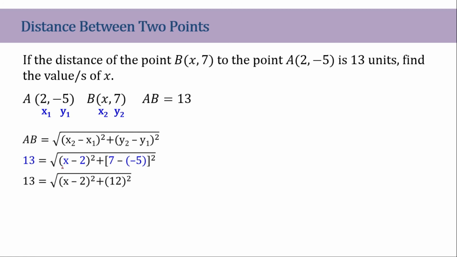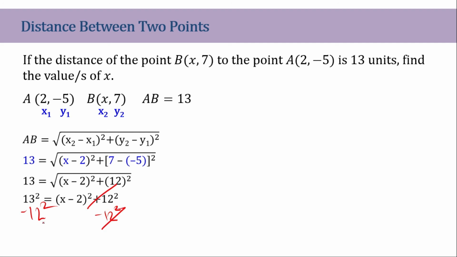To find the value of x, we need to eliminate this radical sign. We can do that by squaring both sides. So we square 13, that is like this. Now let's isolate this and put it on a single side by subtracting 12 squared from both sides.